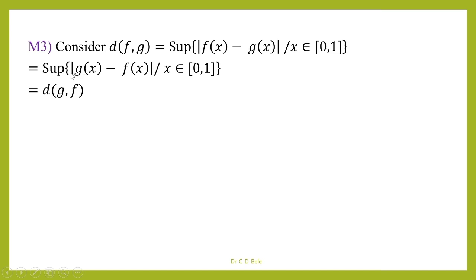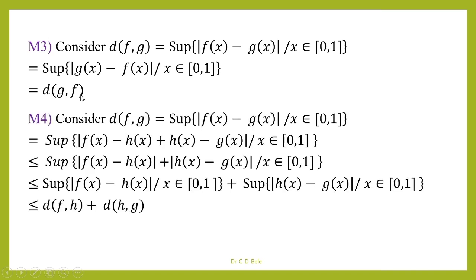The value is not changed then. But here the supremum of the absolute value of g of x minus f of x such that x belongs to the closed interval 0 to 1 is nothing but d of g, f, and therefore we get d of f, g is equal to d of g, f, and therefore it satisfies symmetry.